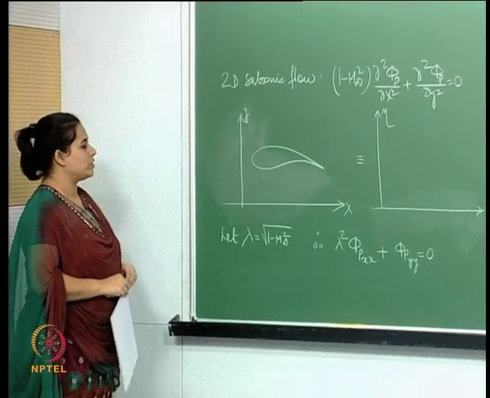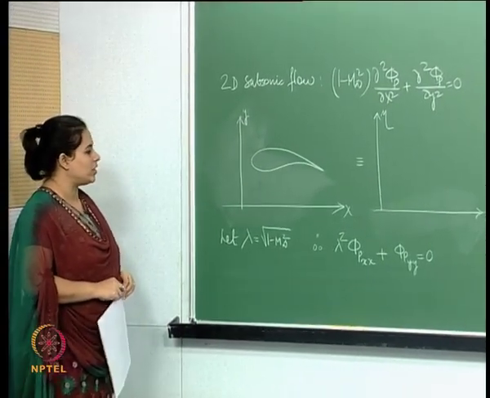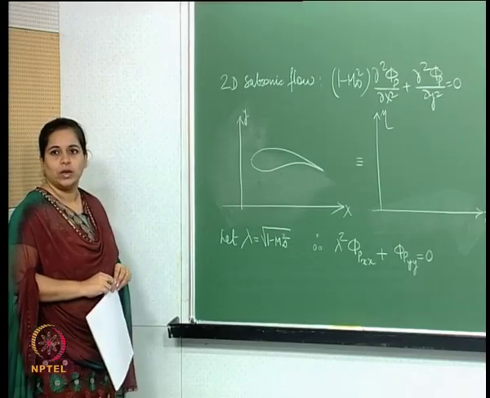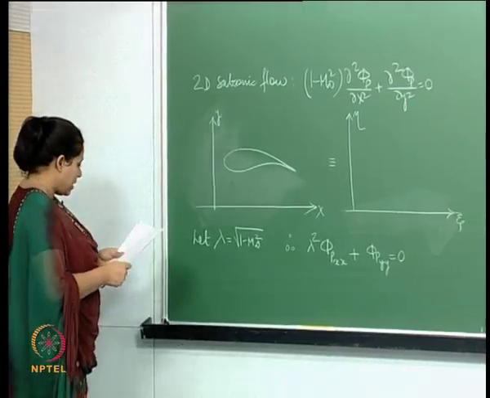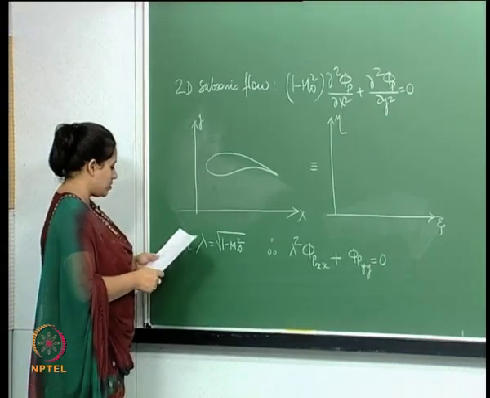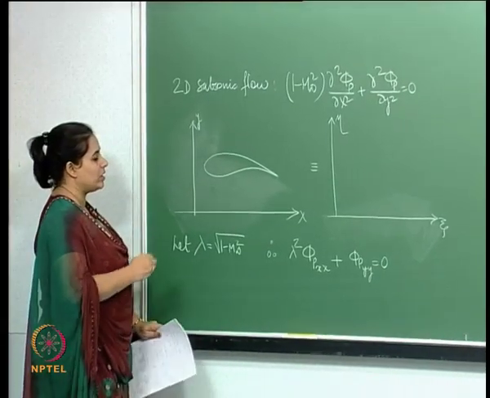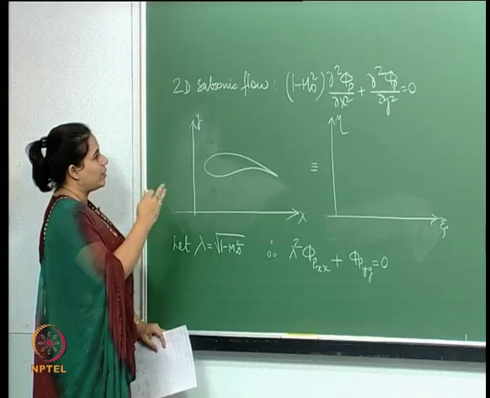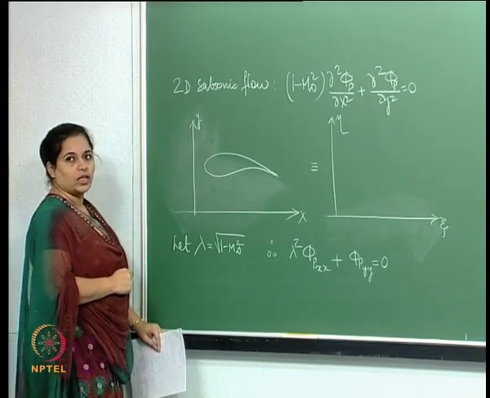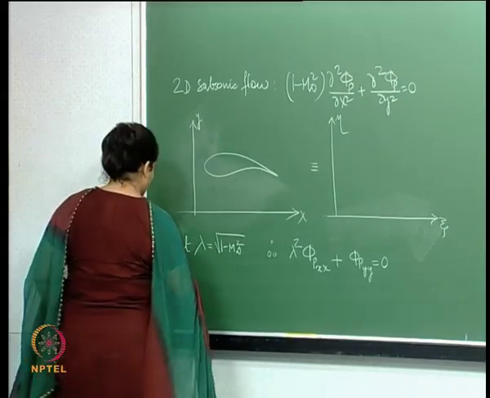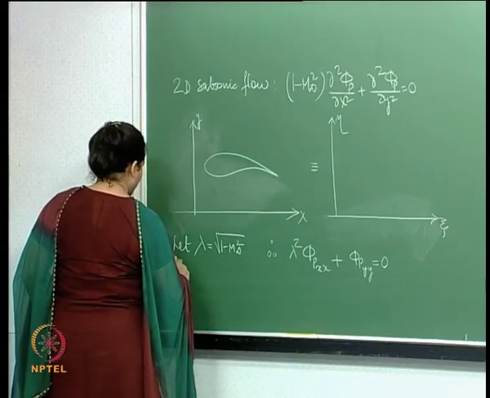I am just writing the governing equation in the xy coordinate system in this form, right. Now, like I said, the relation between x and z and y and eta, let us use this transformation.